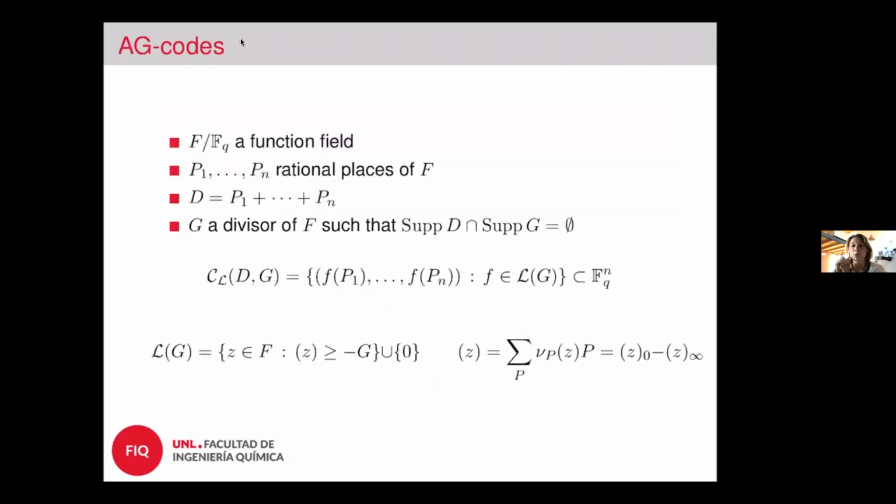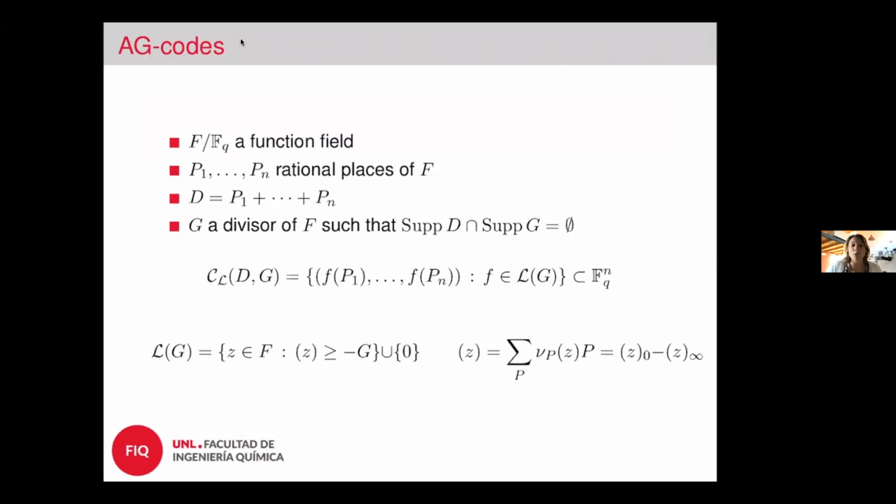I'm going to work with AG codes, and this is what Beth said, codes defined using points on a curve. In my case, I'm going to use places on a function field, which is exactly the same, but I'm more comfortable with this notation.